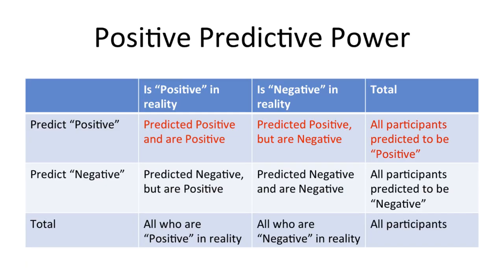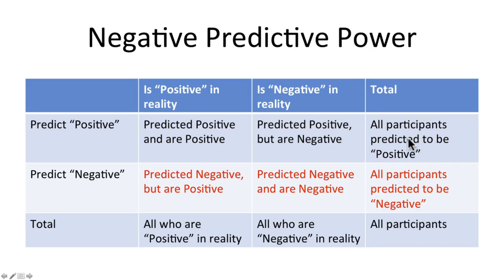Positive predictive power. Positive predictive power is a good concept for a clinician because it deals with, of the people who scored positive on your test, how many were actually positive. So what you do is you divide the number of people in this cell by this cell. Negative predictive power.